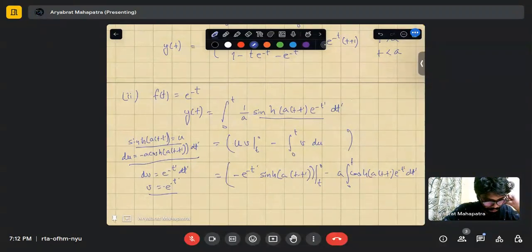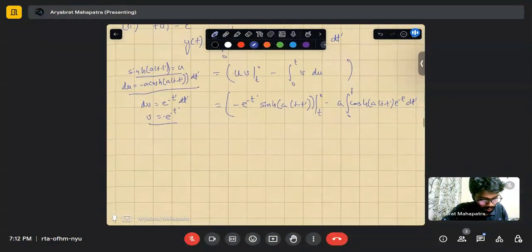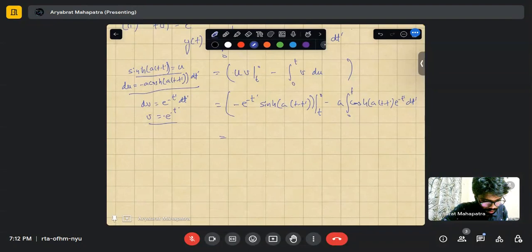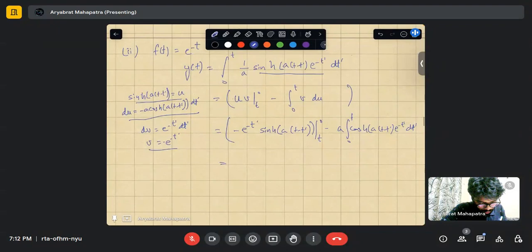When you do this integral further, you will get something of this form. If I call this integral I, this I will be minus 0.